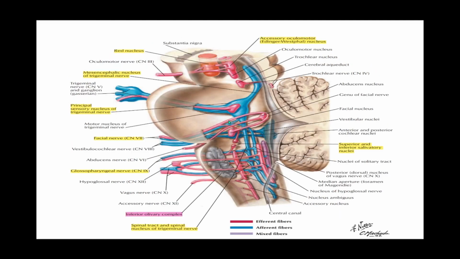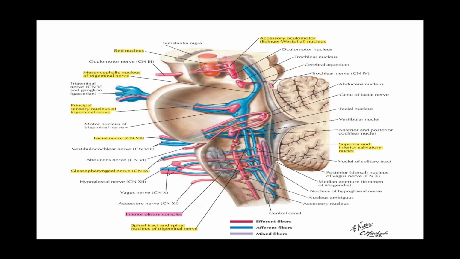This is a lateral view of the same thing we've just mentioned. We've got cranial nerve 3, we've got cranial nerve 4, the trochlear nerve there. Okay, we've got the extensive sensory or afferent nucleus of the trigeminal nerve. We've got the mesencephalic.